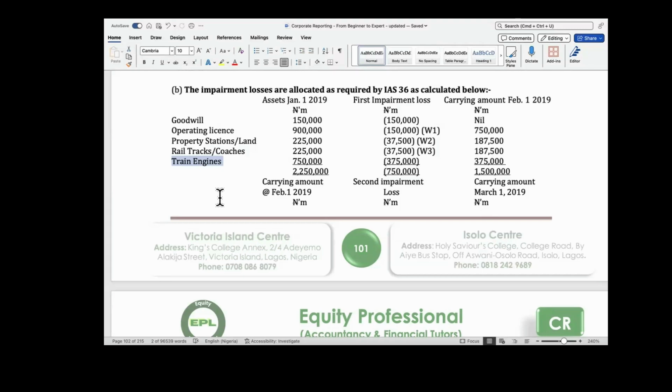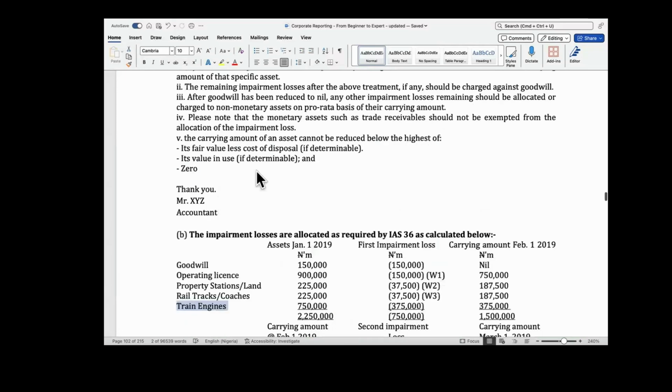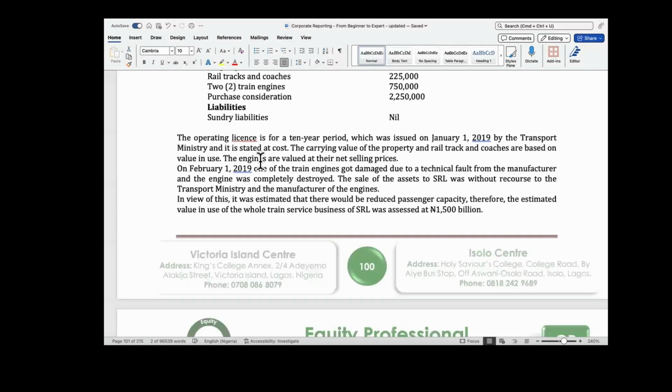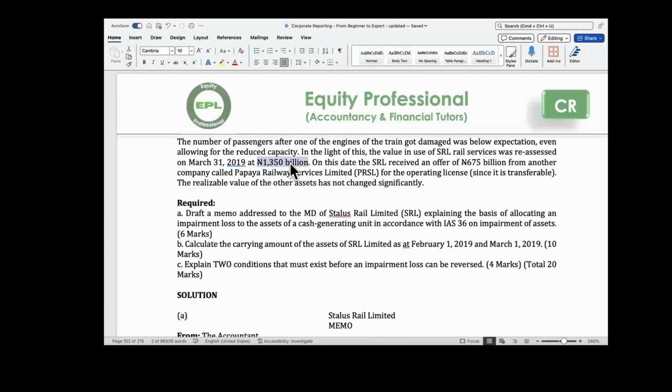Okay, so that's February. Let's move to March. What happened in March? So in March, they saw that things are still not going as planned.